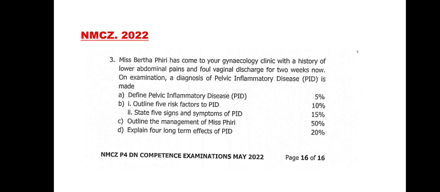These include the uterus, the fallopian tube, ovaries, and the surrounding pelvic structures, caused by a microorganism, most commonly sexually transmitted infections such as Chlamydia trachomatis and Neisseria gonorrhoeae.